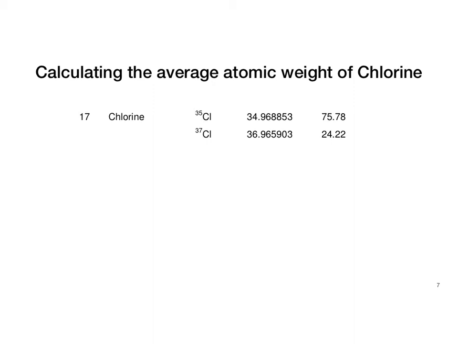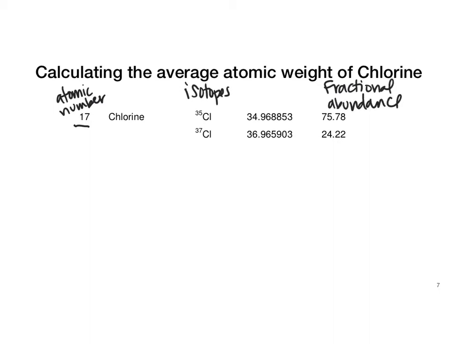This 17 is our atomic number. And here are our 2 isotopes. This is our fractional abundance. And this number here is the mass.